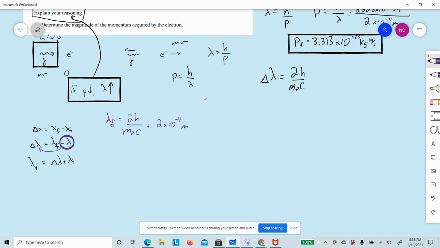Do all this math. 2 times Planck's constant, 2 times 6.626 times 10 to the negative 34th gives you some number. Divide that by the mass of the electron, 9.11 times 10 to the minus 31st, and also c, 3 times 10 to the 8th meters per second.